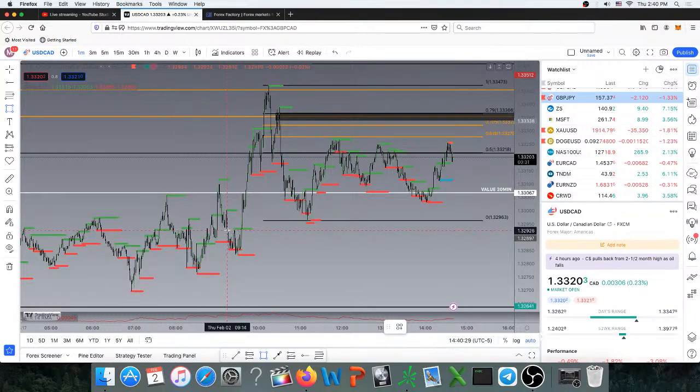See, the volume in the 1 minute is down here somewhere. Even if we look at the most recent, it would be here. Price kept coming back to this area. So let's label this as value on the 1 minute.